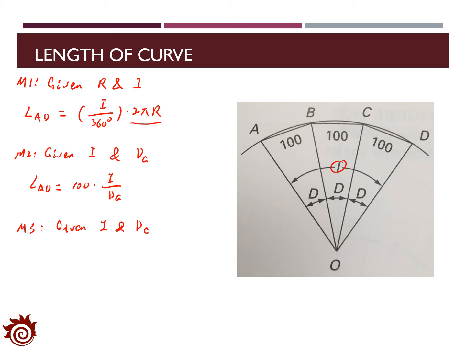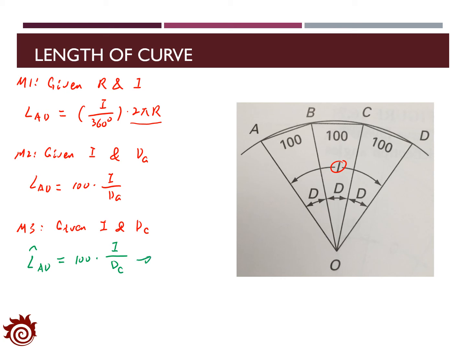Then we can find the length of the curve A to D as 100 times I over DC. Well, in this case, you only get the summation of all the chords with respect to the intersection angle.